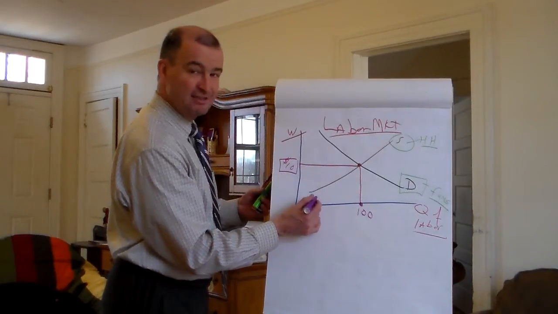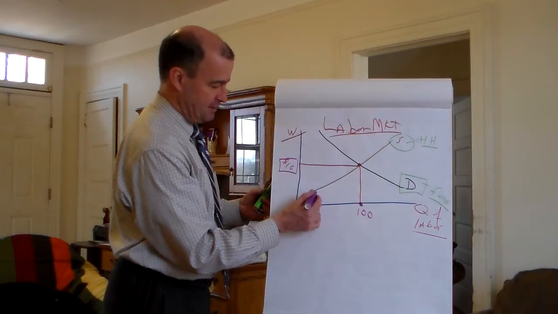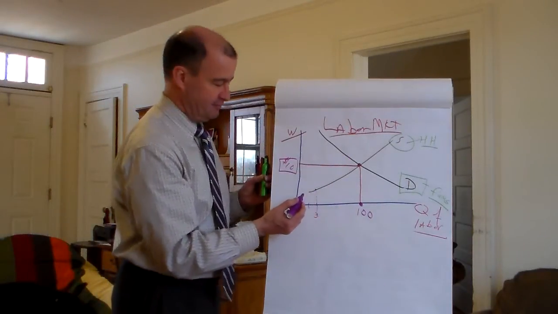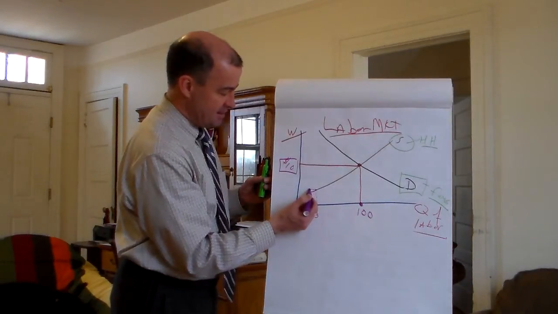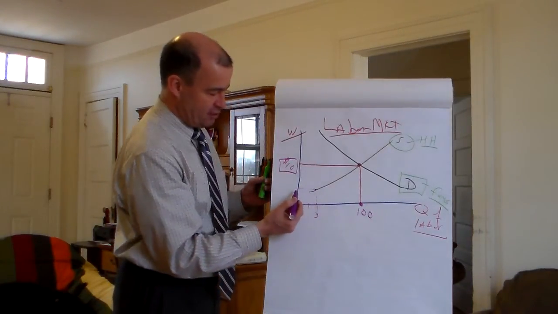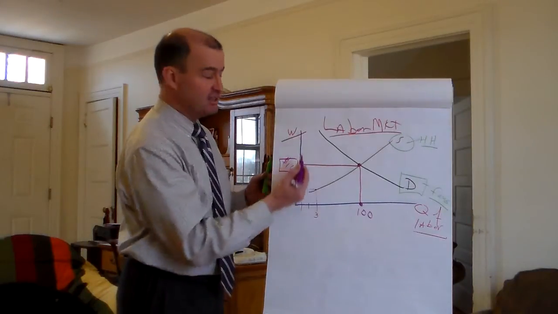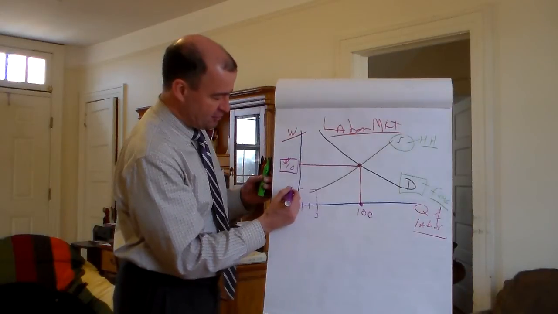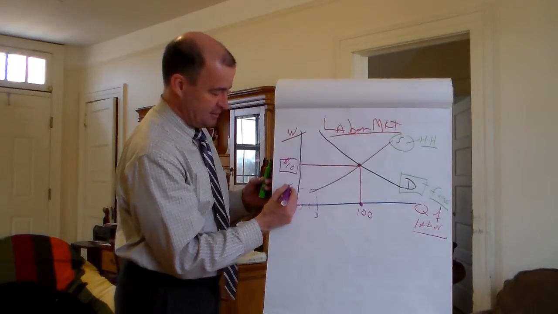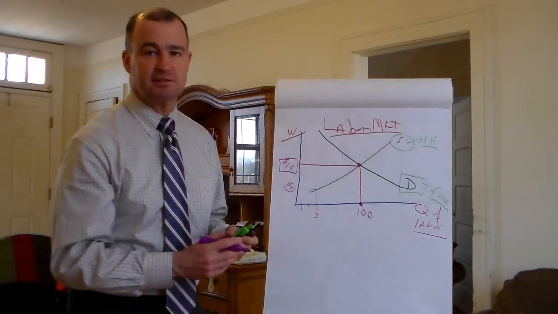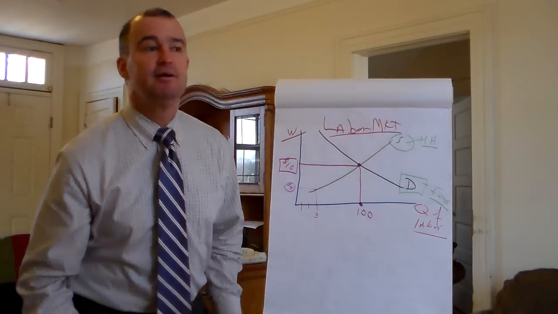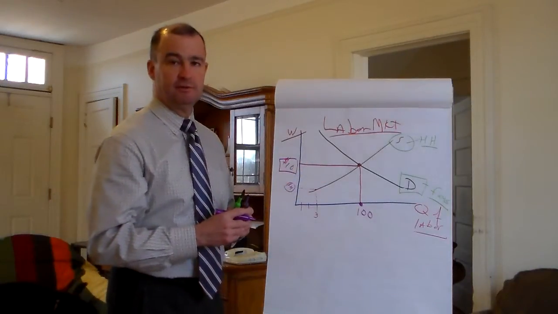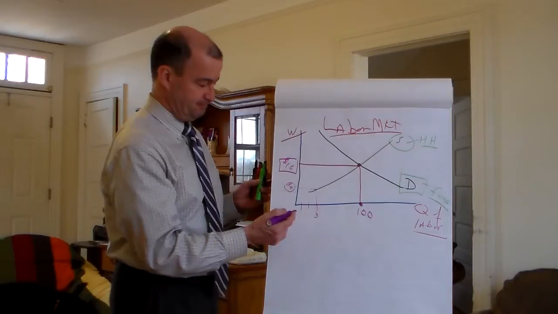Mr. 3 is someone who likes to work a whole lot. How do I know that? I go up to find his position on the supply curve. And I take note, I draw a line straight over to the price axis, the wage axis actually, and I find he's so enamored with work that he's willing to work for $4. $4 is enough to get him motivated, up in the morning, out the door, headed to his employed position.